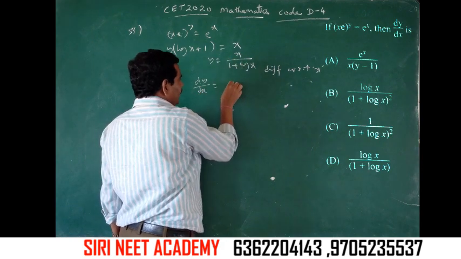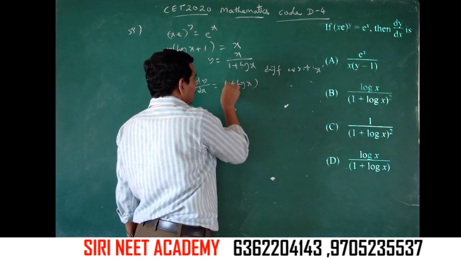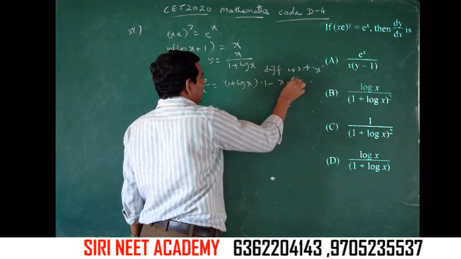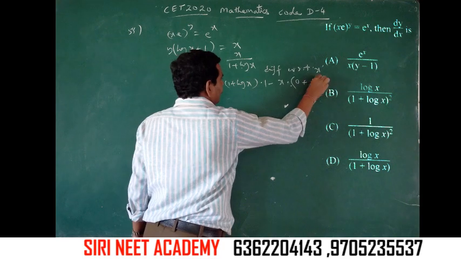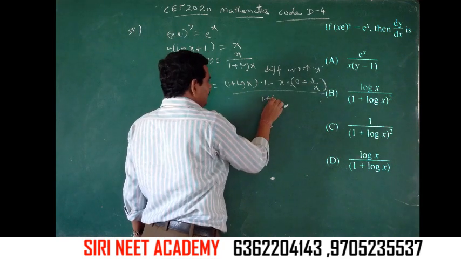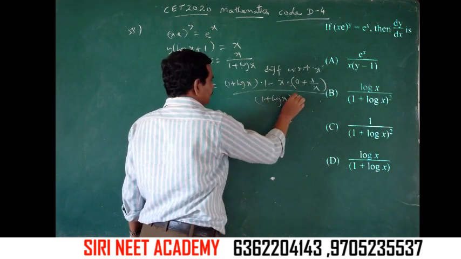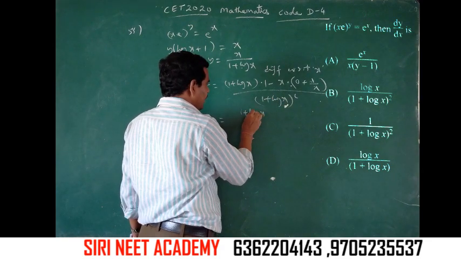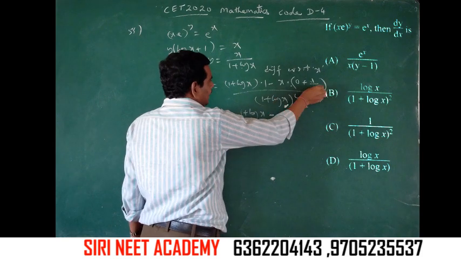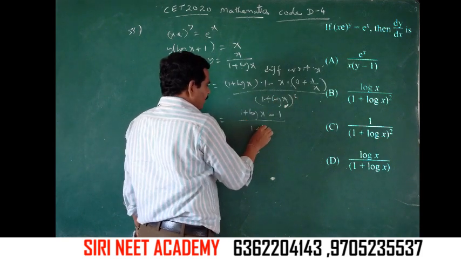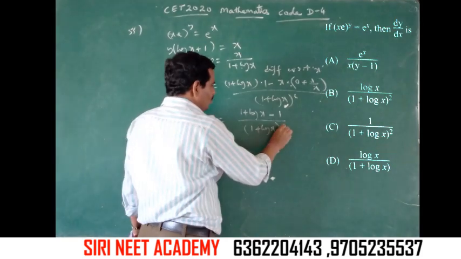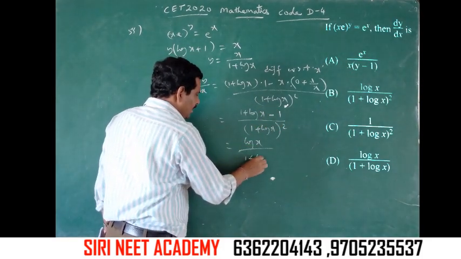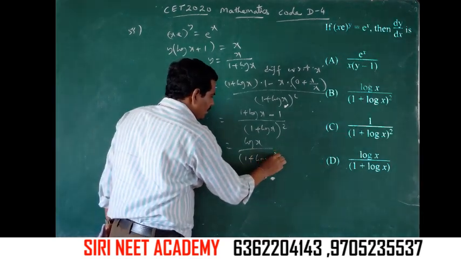Derivative of u by v is v du minus u dv divided by v square. That is equal to 1 plus log x minus x into 1 by x, by 1 plus log x whole square. 1 cancels, remaining log x by 1 plus log x whole square.